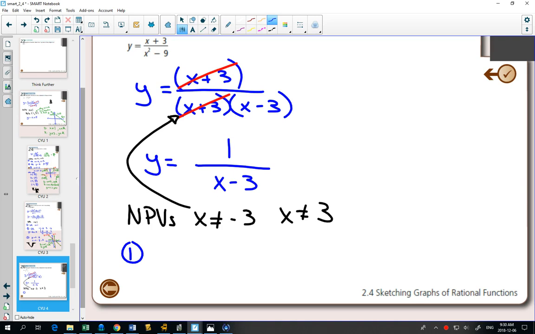All right, I'm just going yes. One of them is going to be a hole because it cancels out, so we're going to have a hole at minus 3 comma something. And the other one that stays is going to be a vertical asymptote at x equals 3. We have both.